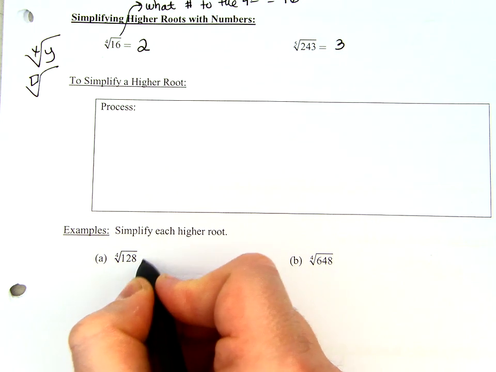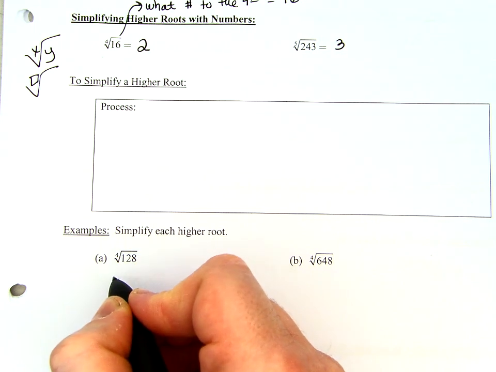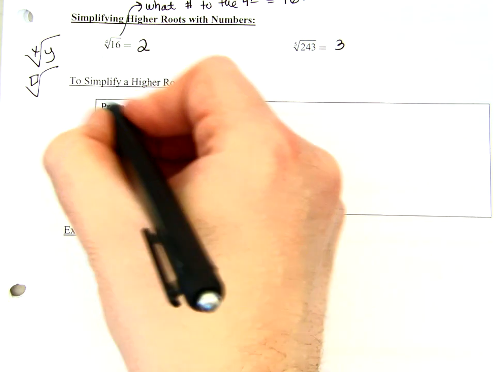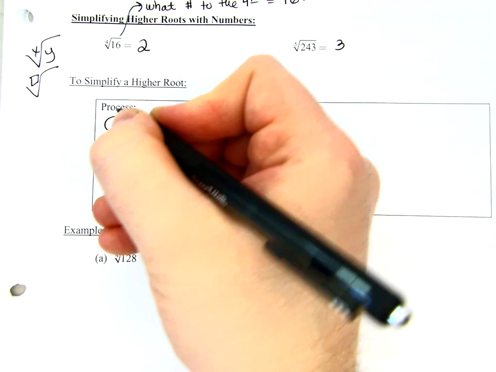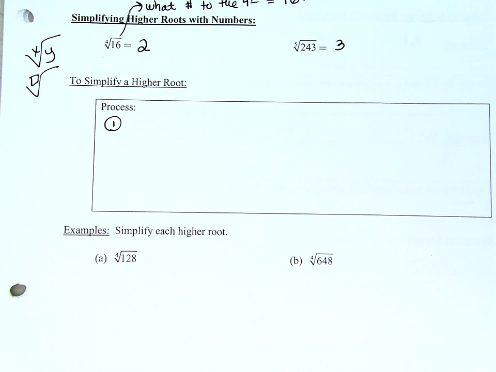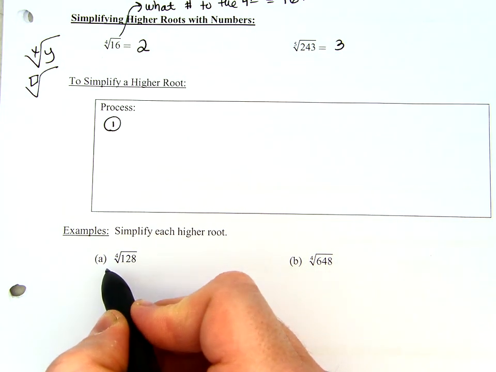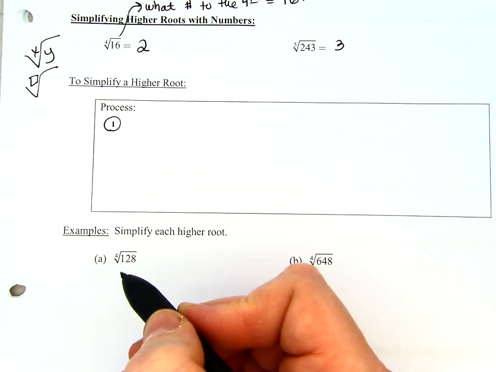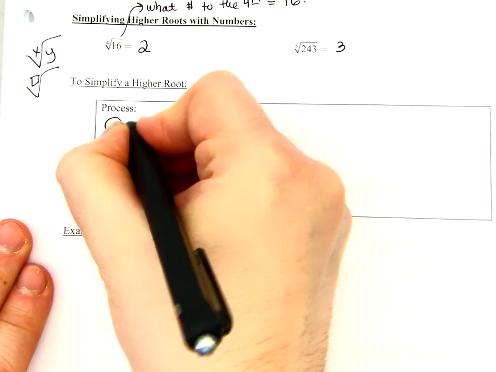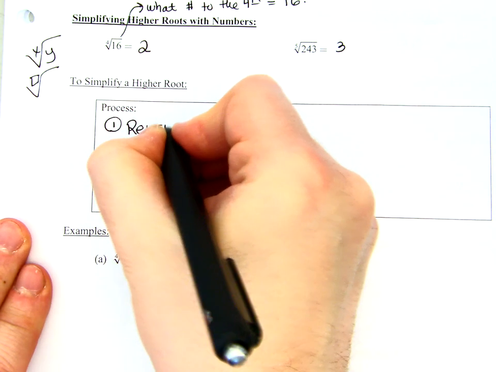So hold on. I want to do the fourth root of 128, which if you go to the calculator, will give you a decimal. I need to do some simplifying. Step number 1. To talk about this in general, rather than a fourth root or a fifth root, I'm going to call it an nth root.